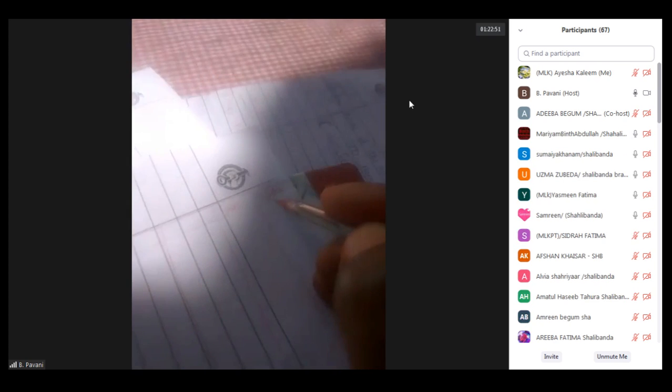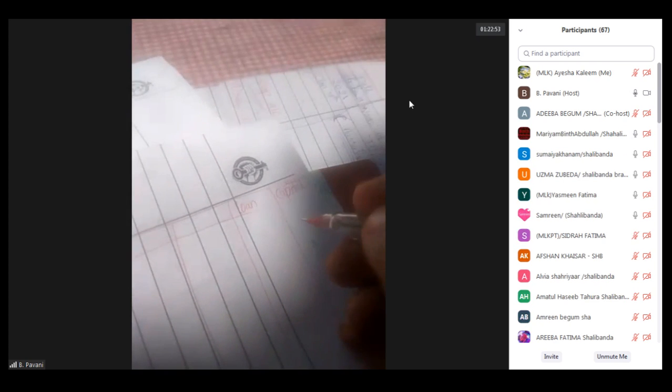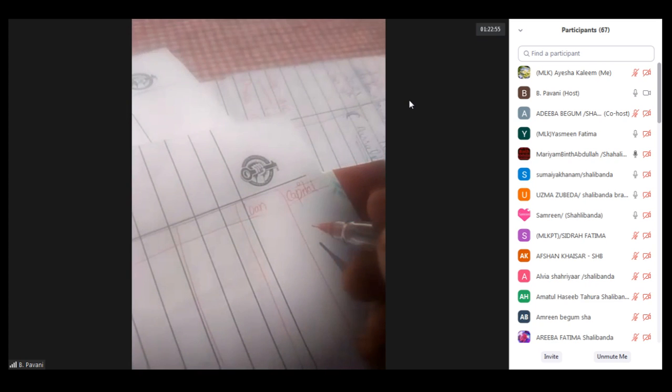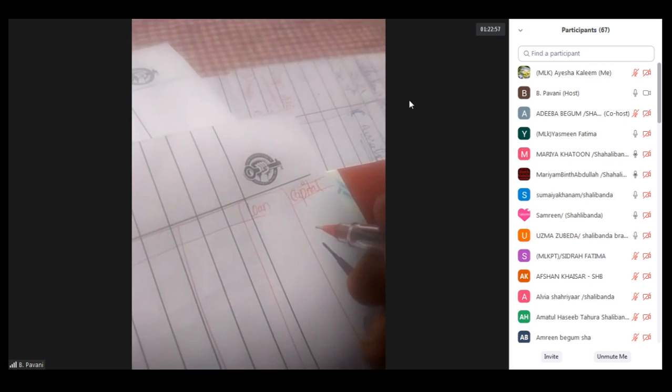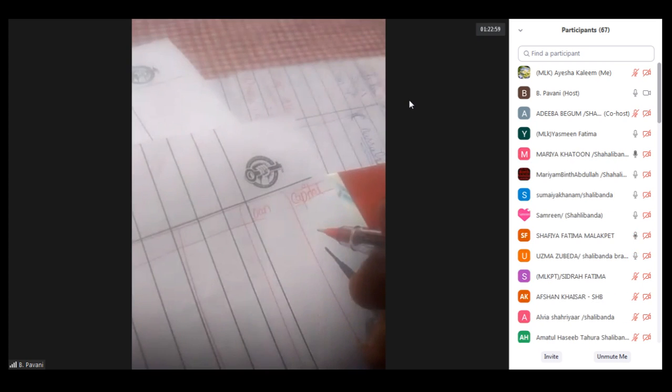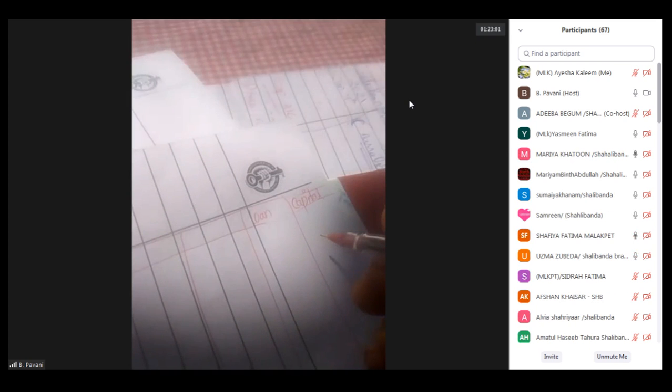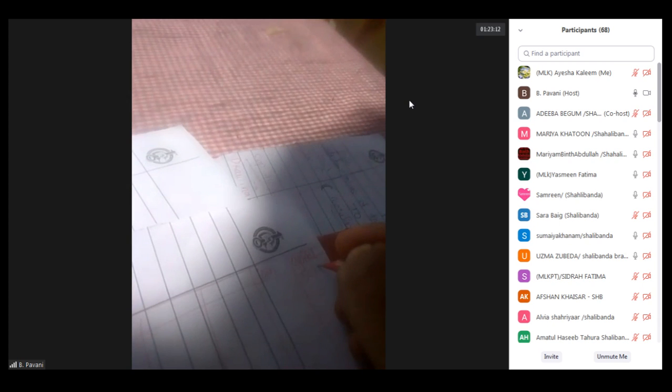Why? Because assets equals liabilities plus capital. That's why under the capital, I'm writing 50,000.